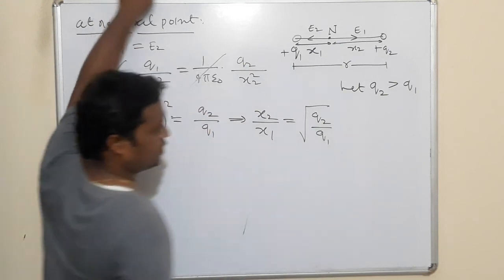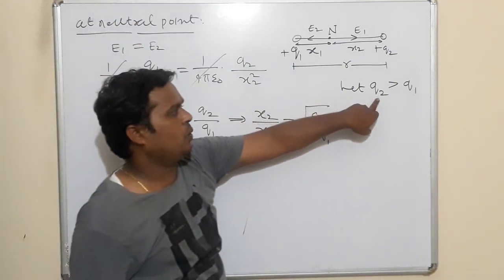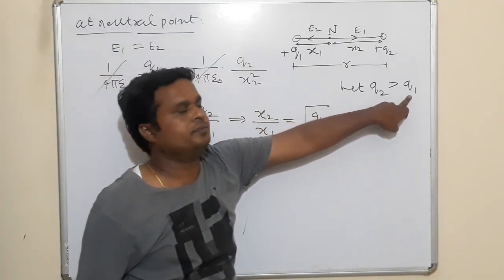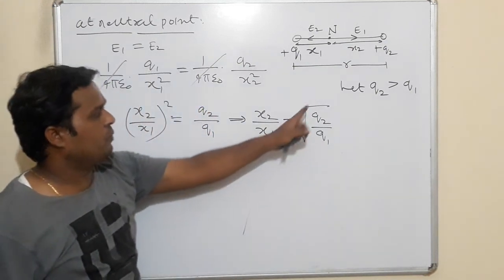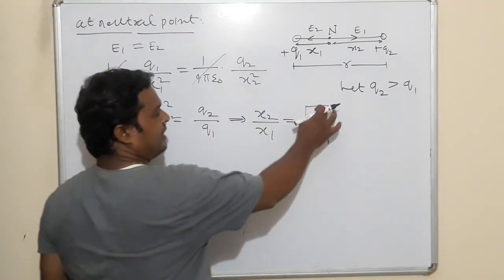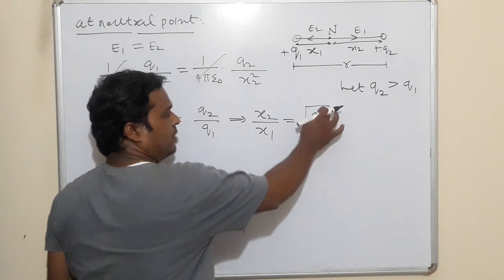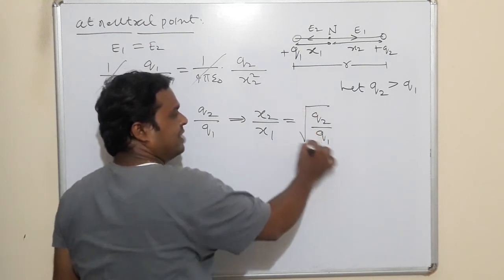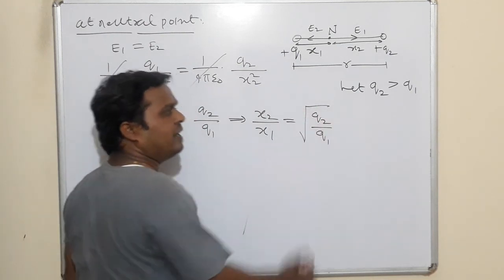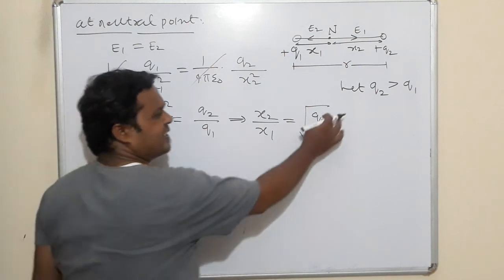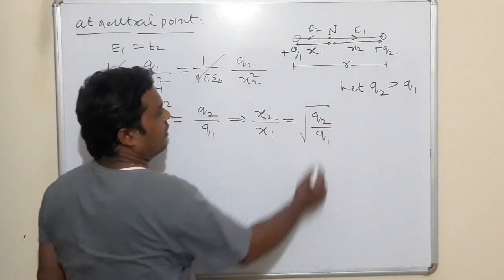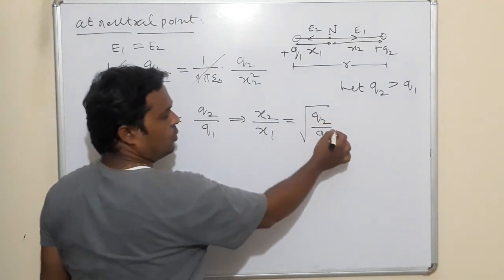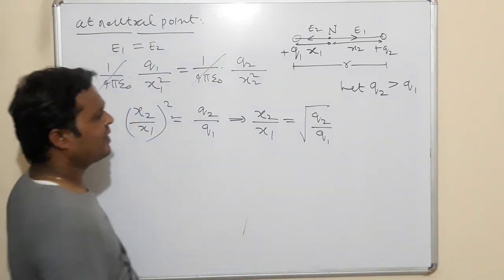Initially what I assumed here is the magnitude of Q2 is more than Q1. If the magnitude of Q2 is more than Q1, then this ratio comes to be more than 1. See, this is 4 and this is 2, then it will be 4 by 2, then it will be root 2, root 2 is more than 1.